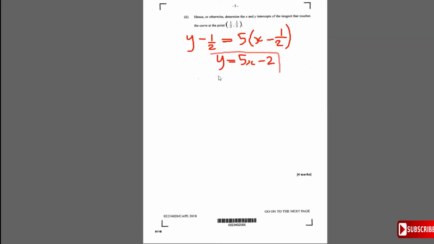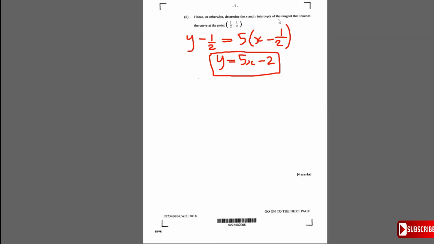Now let's look at what the question said. It said, hence determine the x and y intercepts of the tangent that touches the curve at the point a half, half.